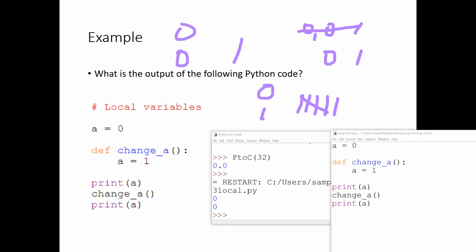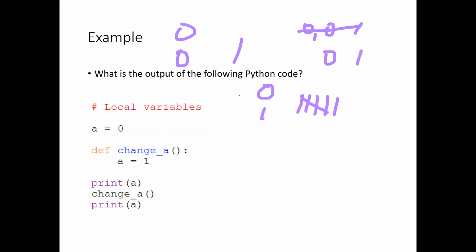I'll explain from the beginning. In this code, we use a equals 0, and in def change a, within that we put a equals 1. Now you say print a. We have not called the function yet, so the original value of a, 0, is printed. So the first a, 0, is okay. The problem is with the second value.